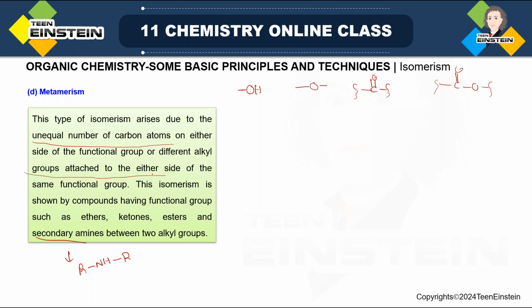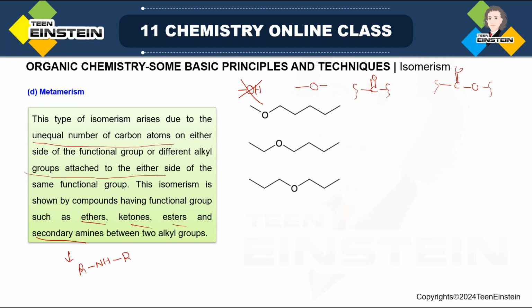Sometimes both sides may have the same number of carbon, but still the chain is different. The branching in the chain is different. Then also metamerism is possible. And this is shown by compounds having the functional group ether, ketone, ester, secondary amine. That is, bivalency must be there. So you cannot have it for OH. That is not possible. Metamerism is not possible, because from the definition it is clear both sides there must be something.